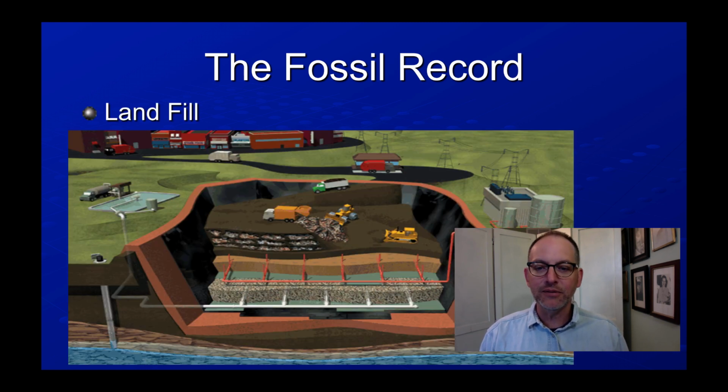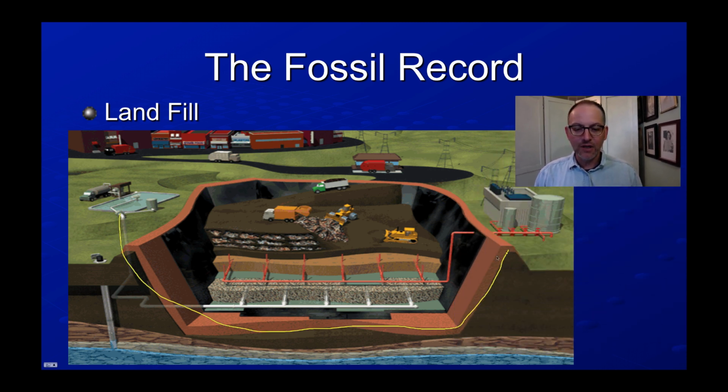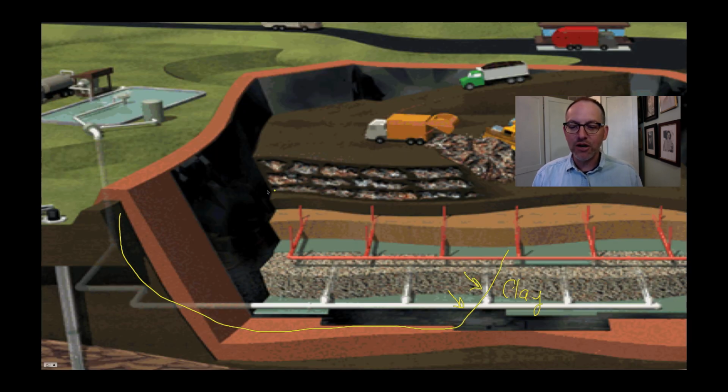Now, consider this. Here's a garbage dump, and if you think about a garbage dump, it's just this big, huge bowl, and on the bottom you have a cap of something called clay, and the idea is that nothing can get through that clay bowl. And as the garbage is brought in, what happens?